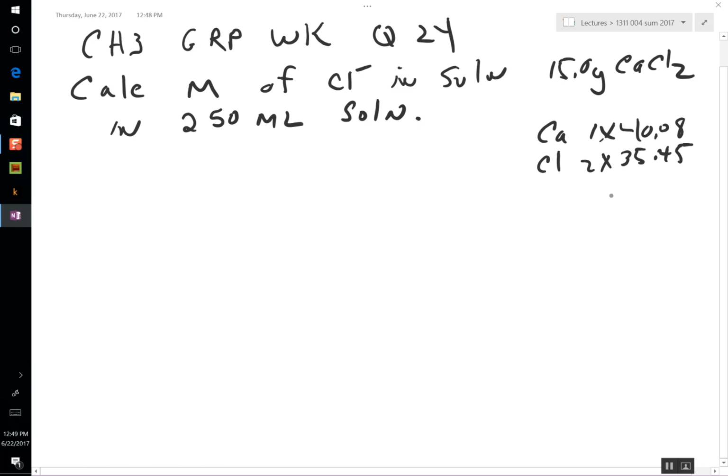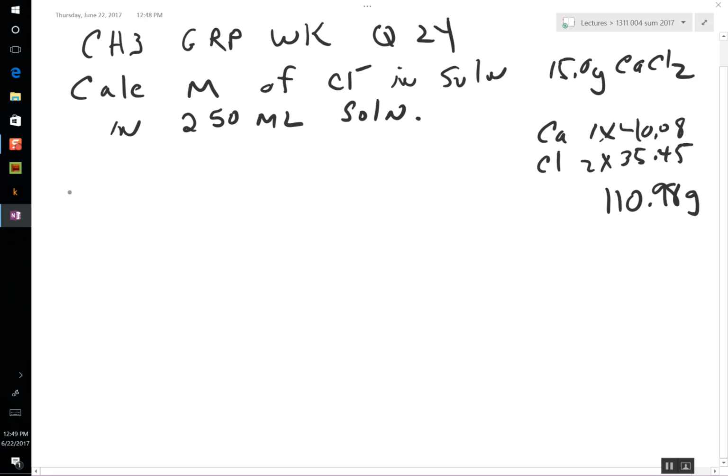And what's the total? 110.98. Everybody agree? Or at least two other people? Okay, so its molar mass is 110.98 grams, calcium chloride is.